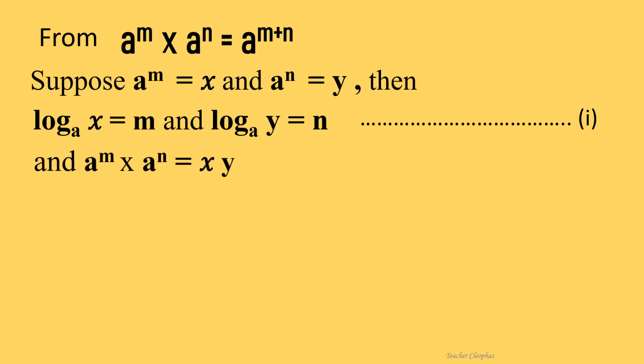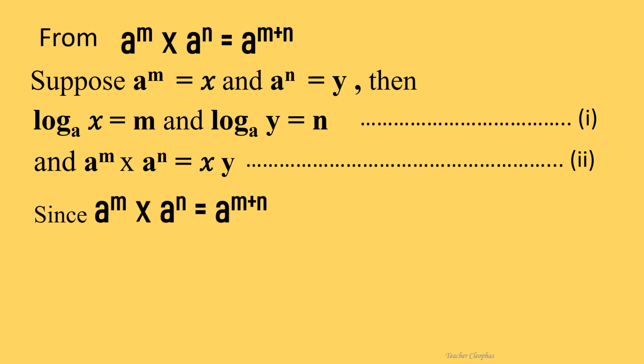And since we already have a power m equals x and a power n equals y, then the product of a power m and a power n is also the product of x and y. Let this be our second equation.